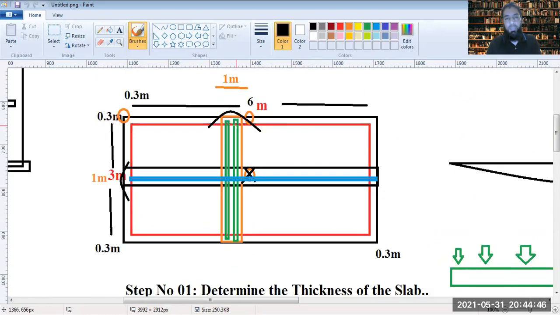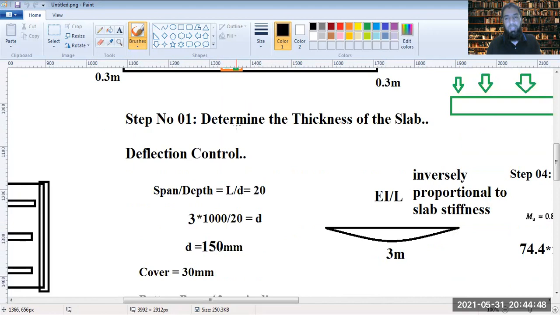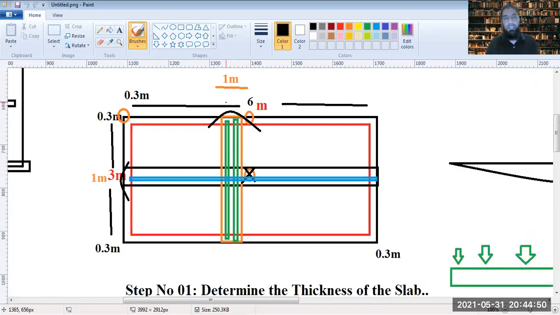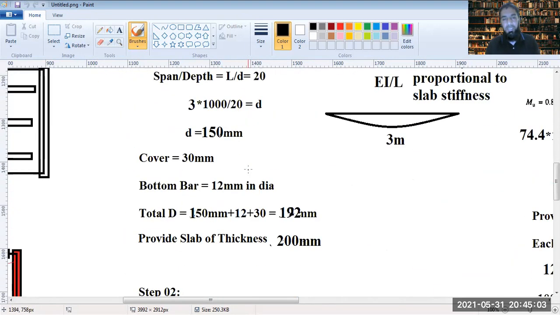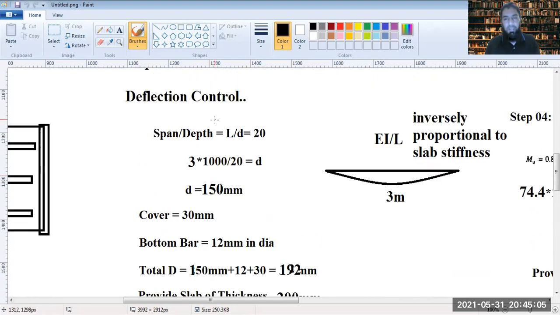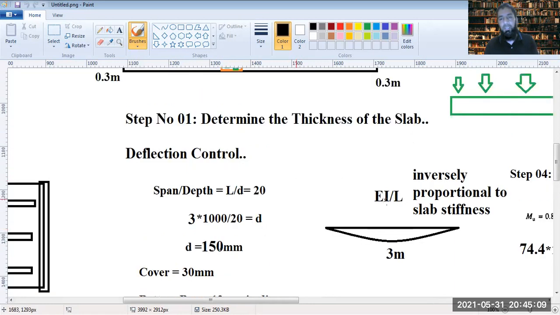Now, why is it the shorter direction length? Because along the shorter direction, that would dictate the amount of deflection at the maximum deflection point. If we try to determine what the deflection depends upon, it depends upon two things: the stiffness and the span.